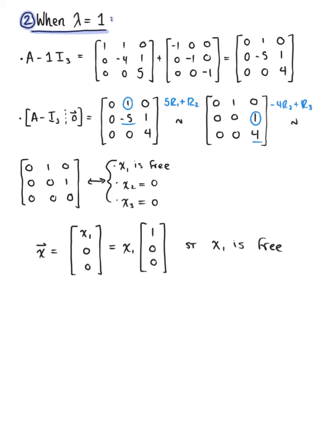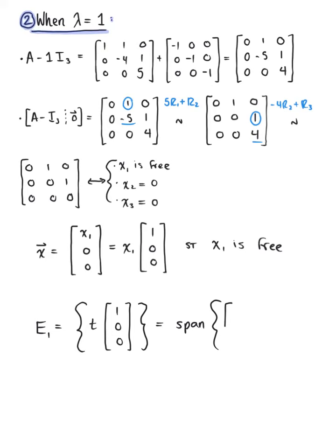So we can now use this set of all possible non-trivial solutions to define a basis for the eigenspace E sub 1. So we can say that this eigenspace is the set of all possible scalar multiples of this elementary vector 1, 0, 0, which is equivalent to saying we have the span of this vector 1, 0, 0.